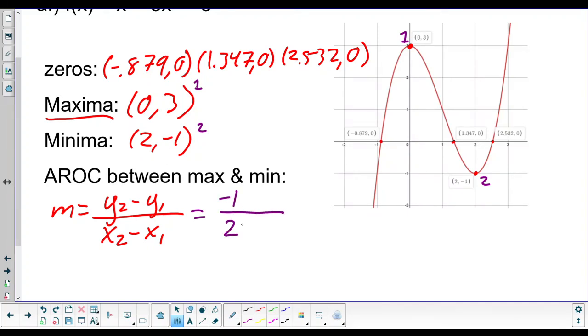X goes on the bottom. Minus signs from the equation. Then we fill in point 1. Y goes on top. X goes on the bottom. And simplify. -1 minus 3 is -4. 2 minus 0 is 2. And we can reduce this one. This is -2. And there's our answer.